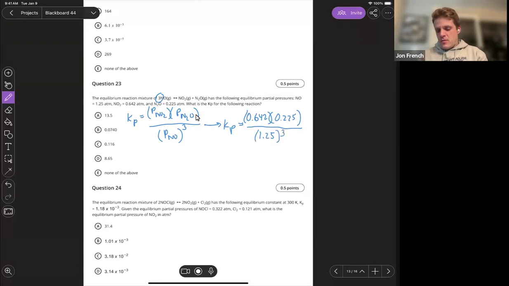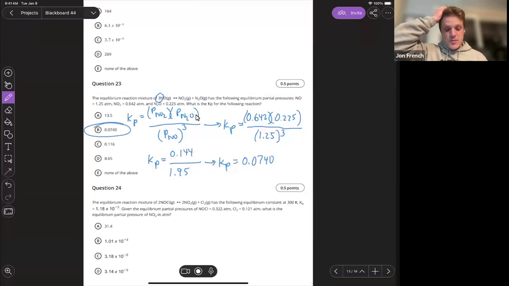So 0.642 times 0.225 is 0.144, divided by 1.25 cubed, which is 1.95. And so I get 0.0740 if we round it up. Yeah, so I would say choice B.